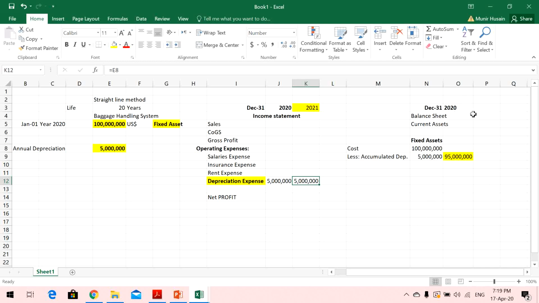Let's say you have to prepare a balance sheet after 2 years.